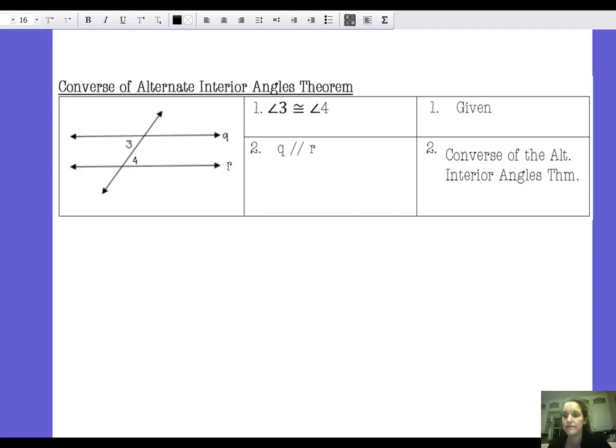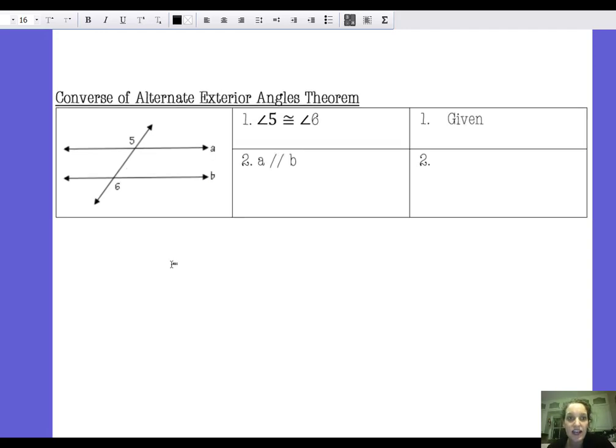Next situation, I'm telling you that angle 5 and angle 6 are congruent. Well, angle 5 and angle 6 are alternate exterior angles. So because they're alternate exterior angles and because they're congruent, that means that line A and line B must be parallel.